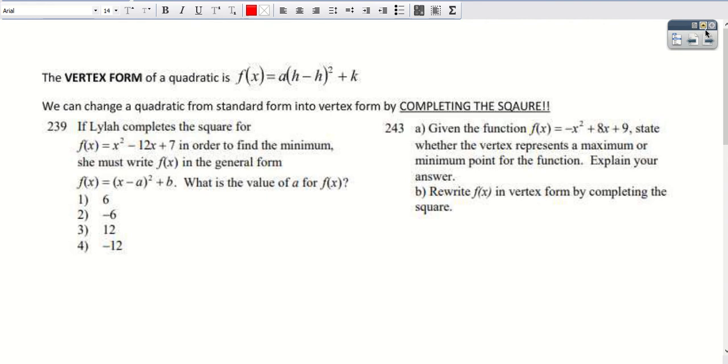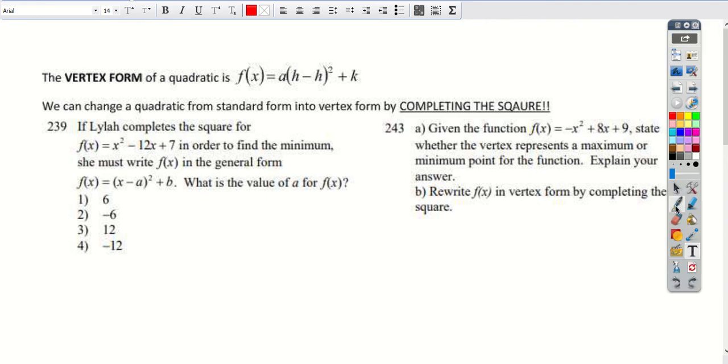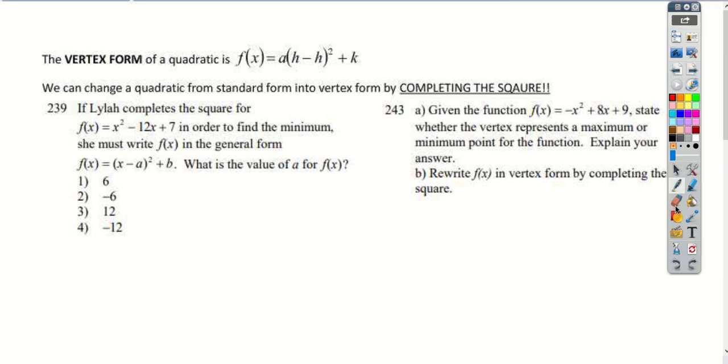All right, on to the next one, vertex form. Remember, for vertex form, we're just completing the square. That's it, guys. Okay, so for the first one, we have x squared minus 12x plus 7. So we want to complete the square. So if it's negative 12, remember to do negative b over 2 squared.